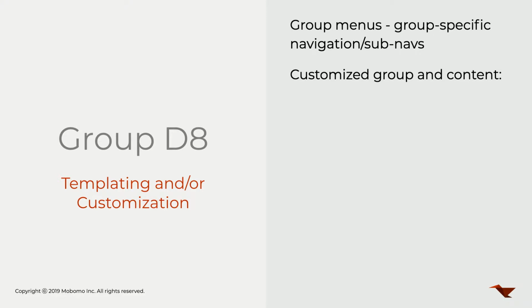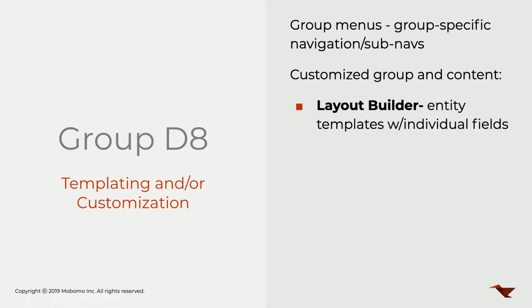You're going to want to be able to customize the group itself, at least the description of the group and things like that. But you'd also want to be able to customize where stuff shows up, what bits show up where and when. So we're going to talk about 3 different approaches.